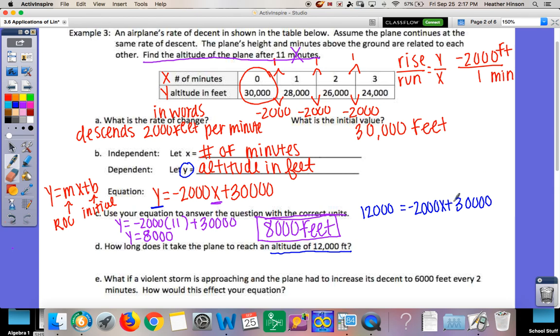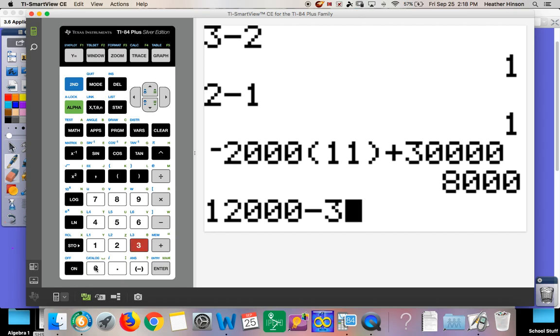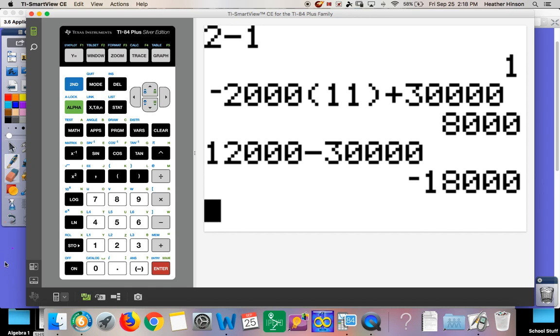What's the opposite of plus 30,000? We're going to subtract. So 12,000 minus 30,000, that gives us negative 18,000.